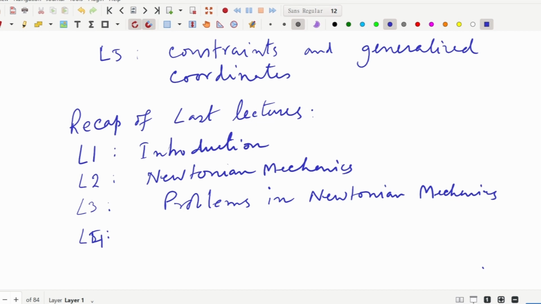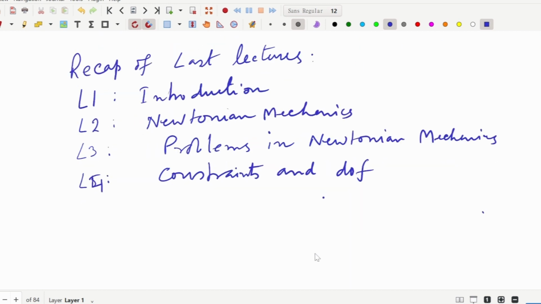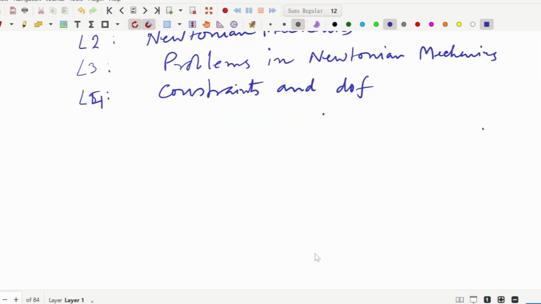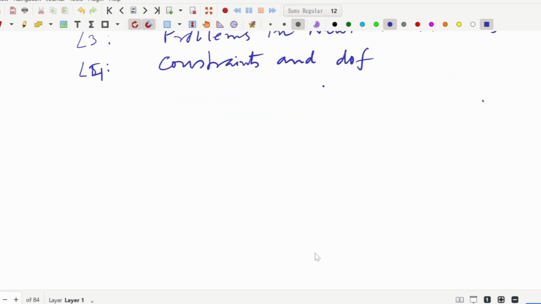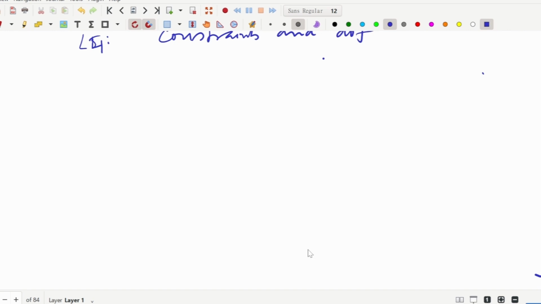So we discussed constraints and degrees of freedom. We discussed the degrees of freedom of a classical system, and when we have constraints, degrees of freedom will be less. We discussed various types of constraints, and how degrees of freedom can be calculated.